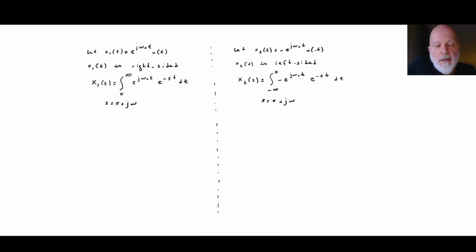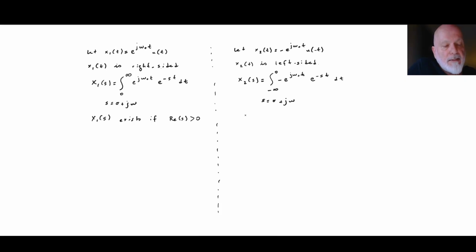So x1 of s exists if real part of s, sigma, is positive, because we will have a decaying exponential over the interval from 0 to infinity, which will be absolutely integrable. The remaining terms will have magnitude equal to 1 because they are complex exponentials.